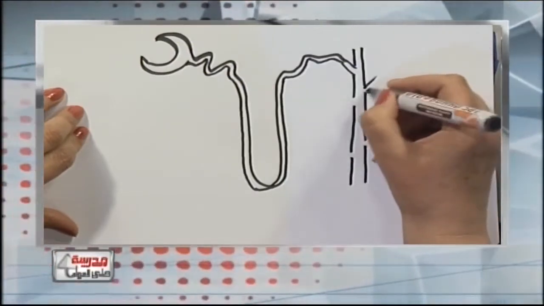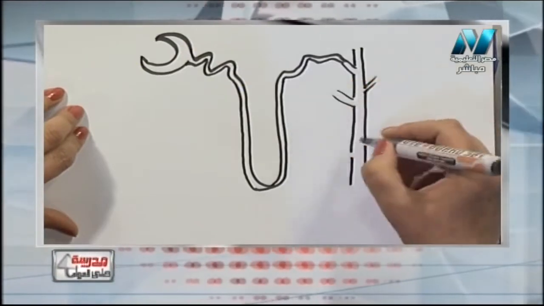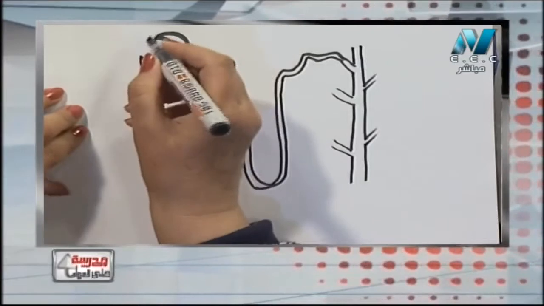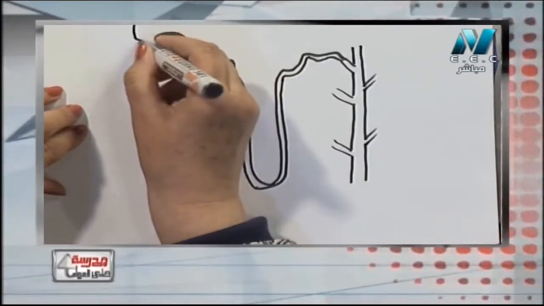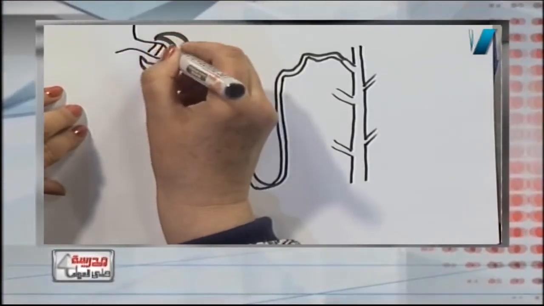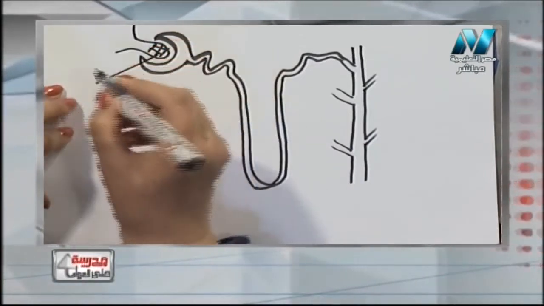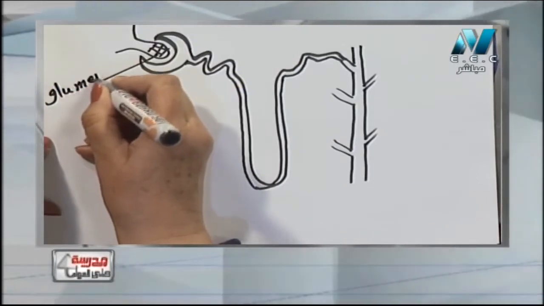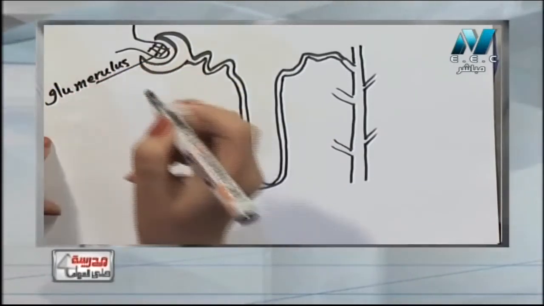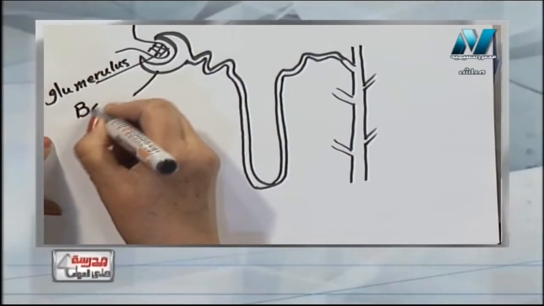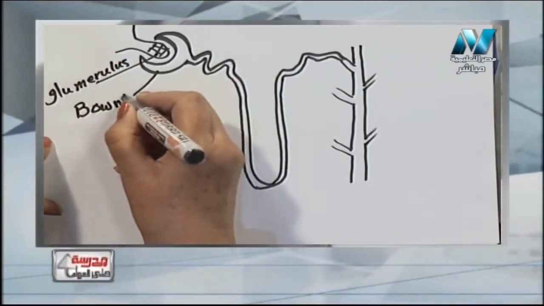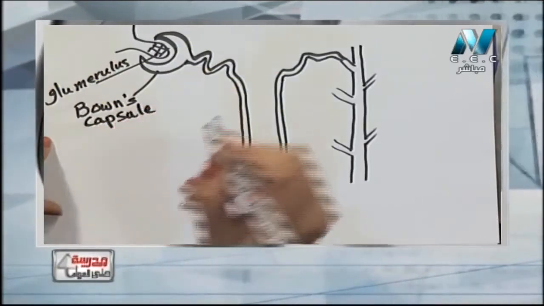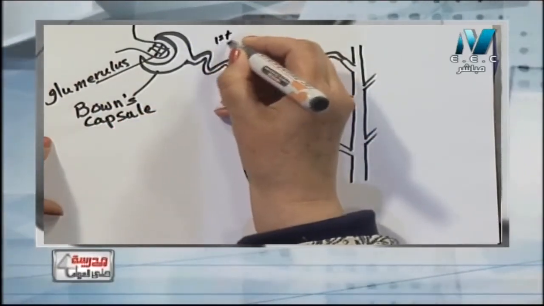My dear student, you need to practice how to draw the nephron. Again, here is the network of blood capillaries, and it is called glomerulus. And this is Bowman's capsule. And this is the first coiled tube.